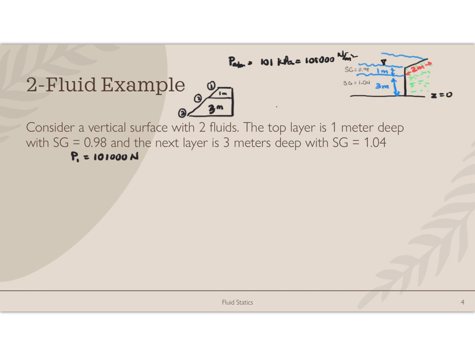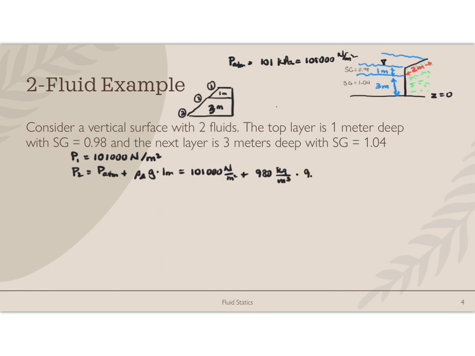So it's 101,000 newtons per square meter. P2, we know, is the atmospheric pressure plus the rho of that top layer times G times that height of 1 meter, which is 101,000 newtons per square meter plus 980 kilograms per cubic meter.